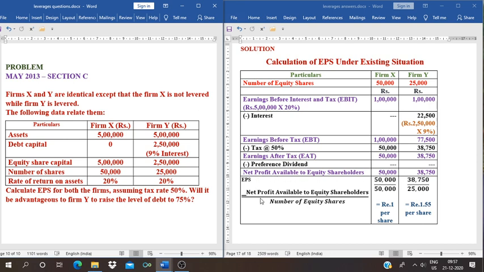The formula for EPS is net profit available to equity shareholders divided by number of equity shares. Net profit is 50,000, number of equity shares is 50,000. EPS is rupee 1 per share. And for firm Y, net profit is 38,750 and number of equity shares is 25,000.